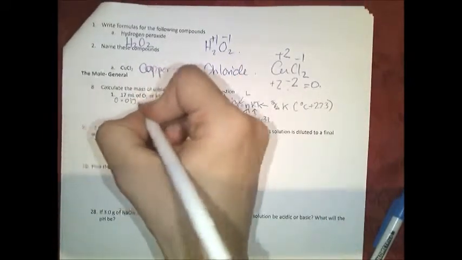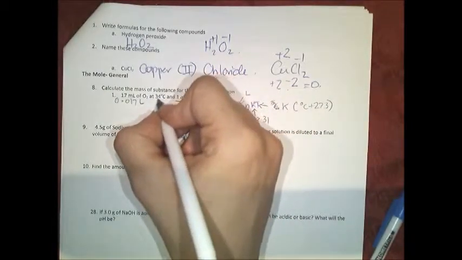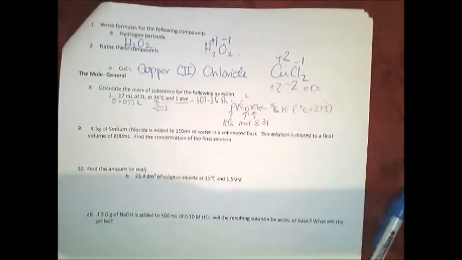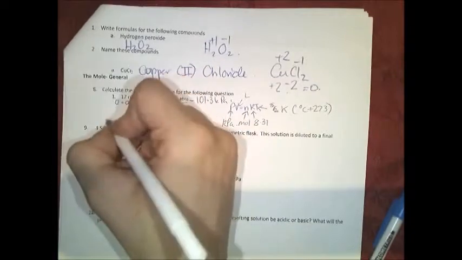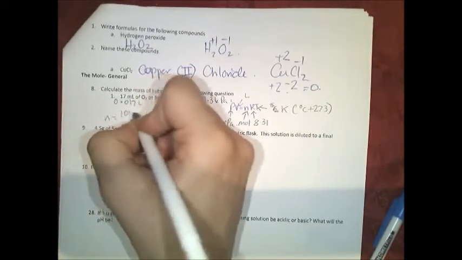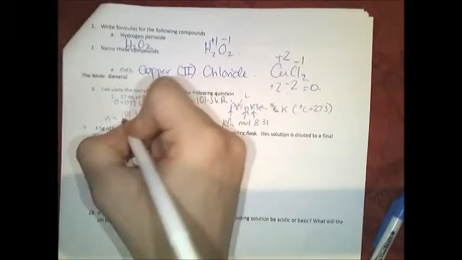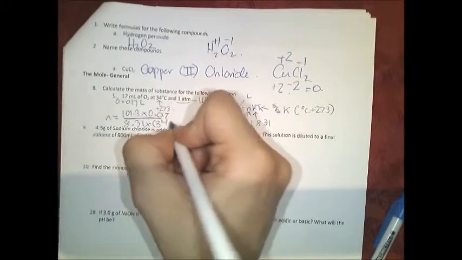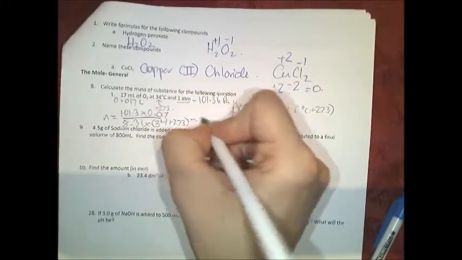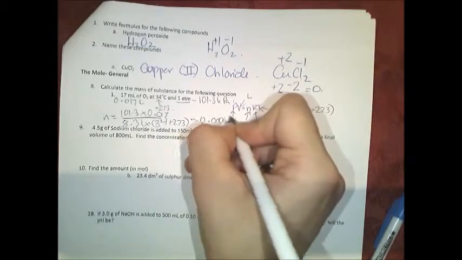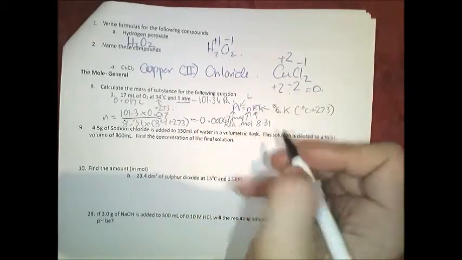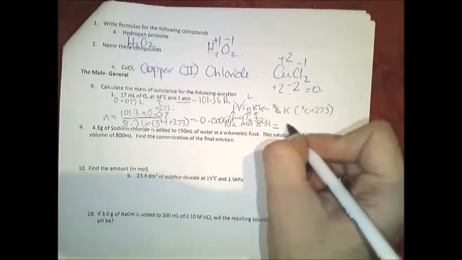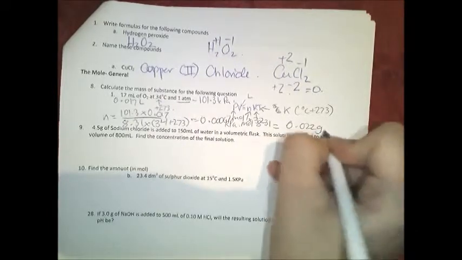Volume 0.017 liters. And then the temperature is 34 plus 273. So once you put that in, n equals 101.3 times 0.017 divided by 8.31 times 34 plus 273, 0.00067 mole. Then to get to mass, times it by 32 equals 0.022 grams.